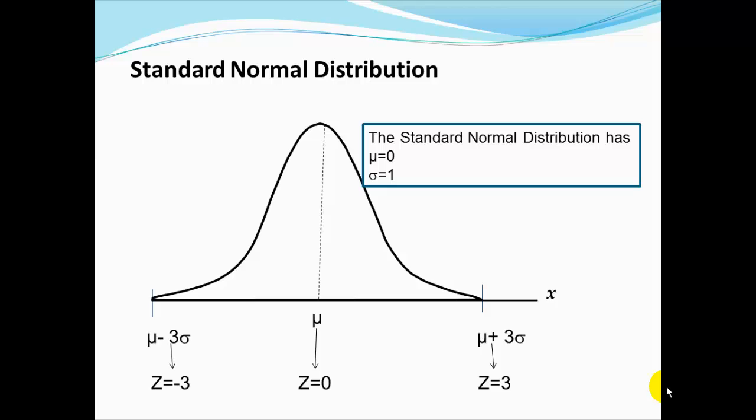The z-score for our endpoints for the normal curve, the value that's 3 standard deviations below the mean, will be a z-score of -3. And the z-score for the value at our upper end of our normal distribution curve, the value that's 3 standard deviations above the mean, will always have a z-score of +3. The standard normal distribution has a mean of 0 and a standard deviation of 1.